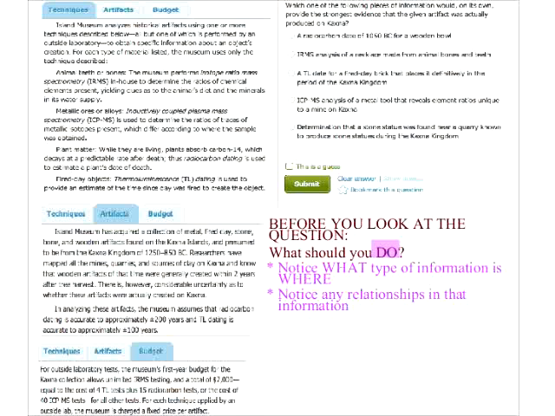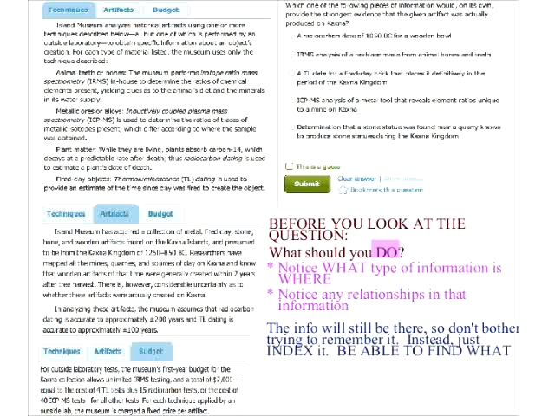So don't bother trying to remember it. Instead, just index it. Be able to find what you need to find quickly.